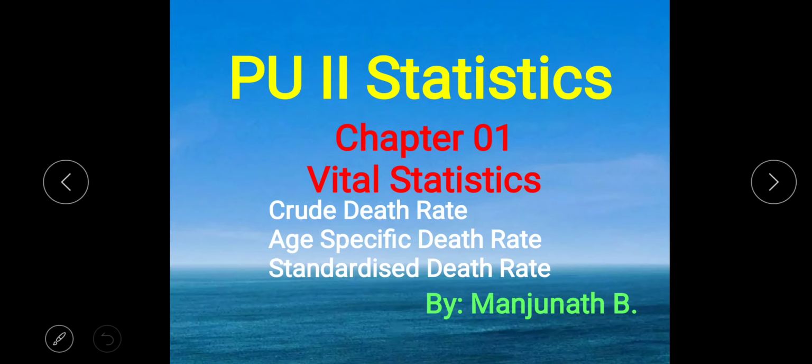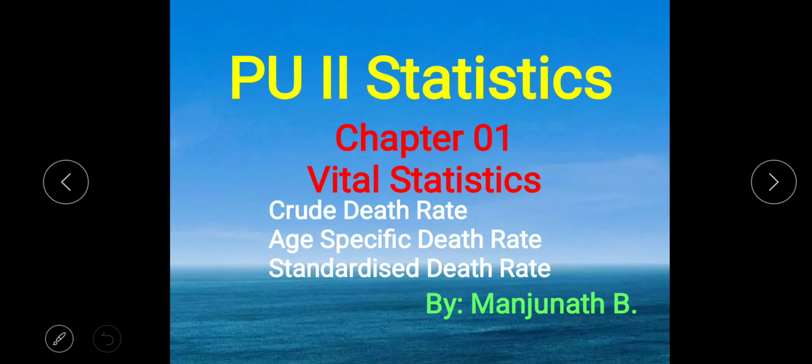Dear students, in the last classes we learned about fertility rates and the reproduction rate. The fertility rate tells how fertile a location is, that is, per thousand, how many births will take place.